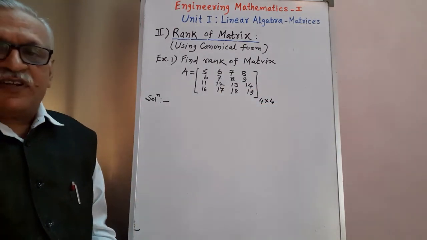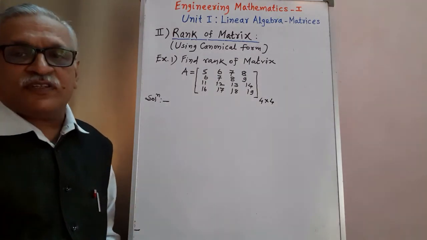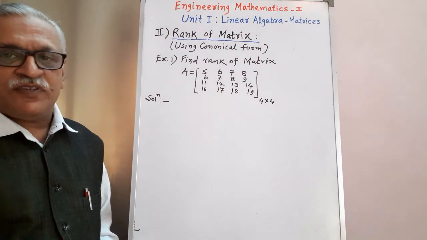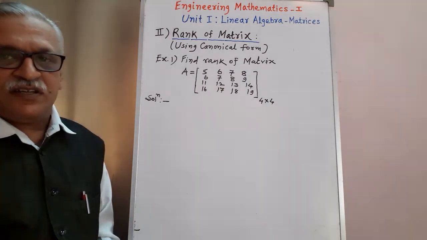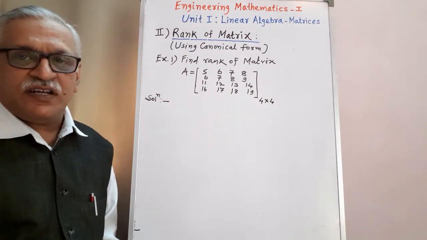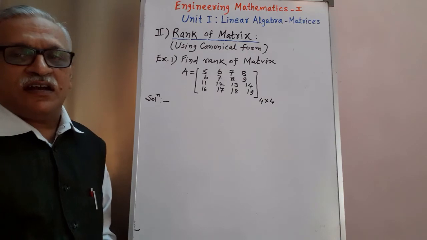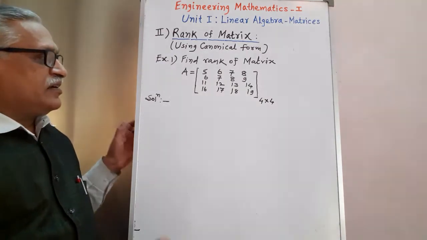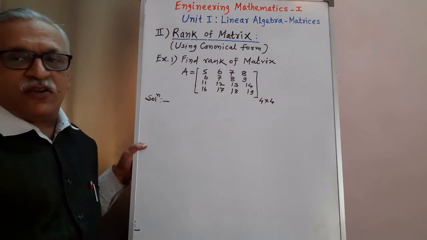Therefore, if we try to apply the definition technique, we have to start with a minor of order 4, then go for a minor of order 3, then minor of order 2, like this. The calculation is somewhat difficult and lengthy, and therefore we are not supposed to apply the definition technique. Instead of that, we use the canonical form technique. What do we mean by canonical form?